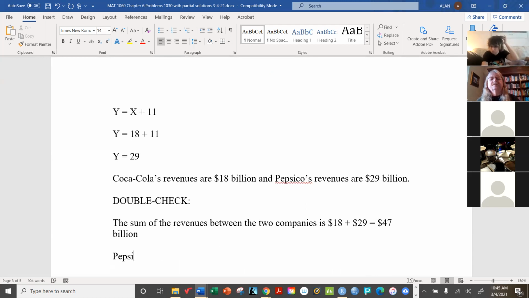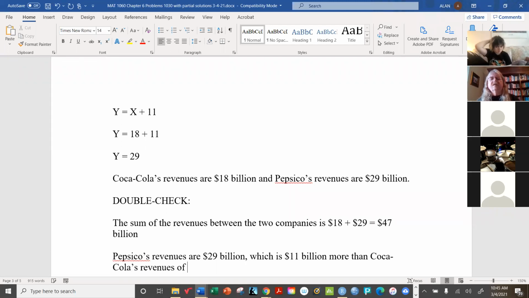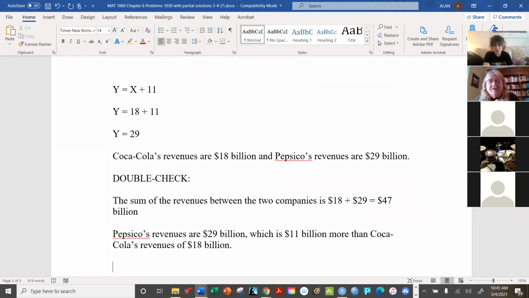And PepsiCo revenues are 29 billion, which is 11 more than Coca-Cola revenues of 18 billion. So both of the requirements are satisfied. The sum is indeed 47, and PepsiCo, which we defined as Y, has revenues that are $11 billion greater than Coca-Cola. So again, that proves that we must have done this correctly because there's no other solution that would work.